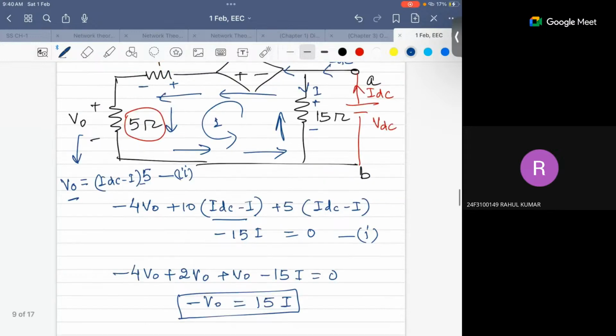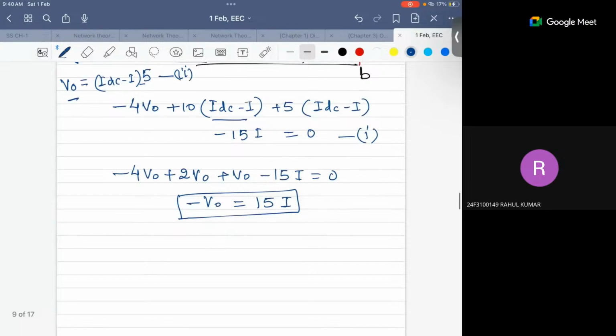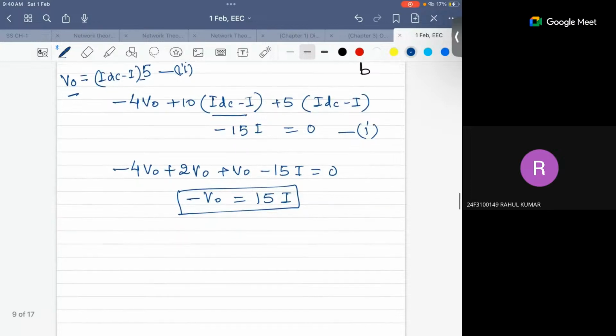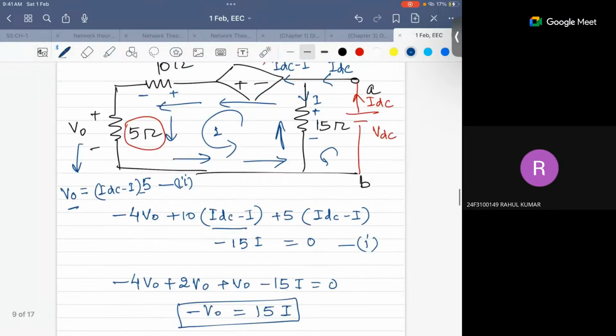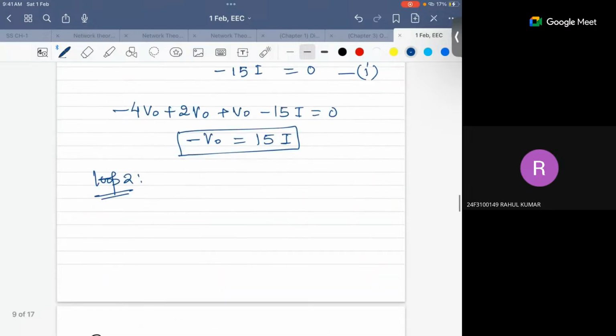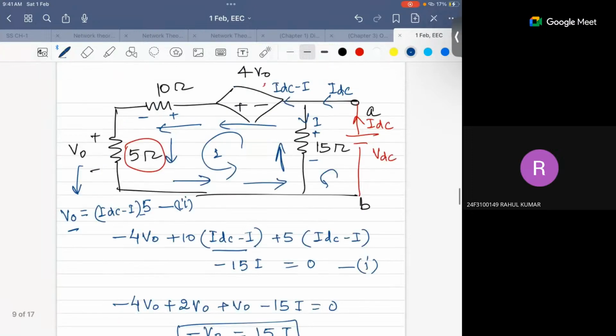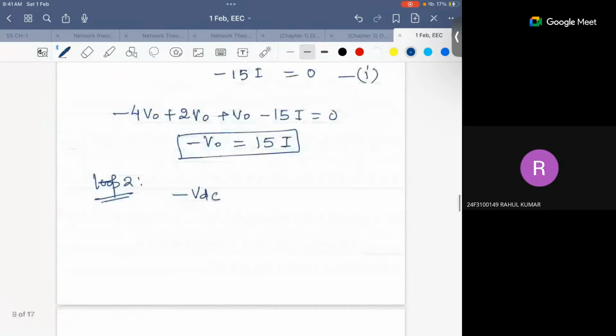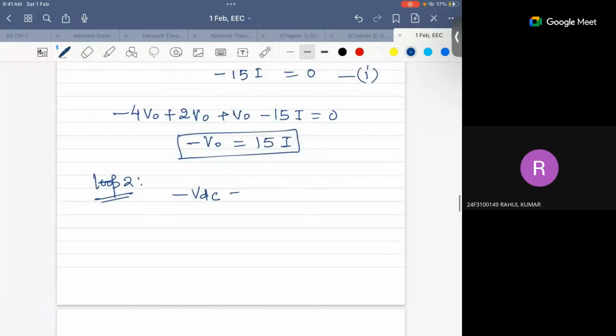Now we can use KVL in the second loop also. What value will we get? This is pretty simple, right? There is only one source and one resistance. So minus VDC plus 15I equals 0.